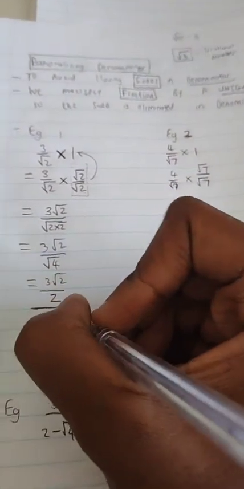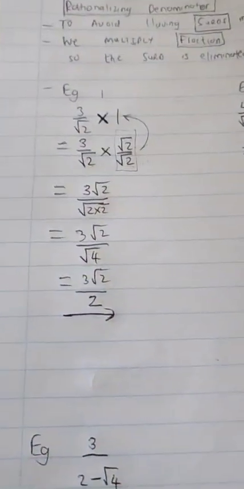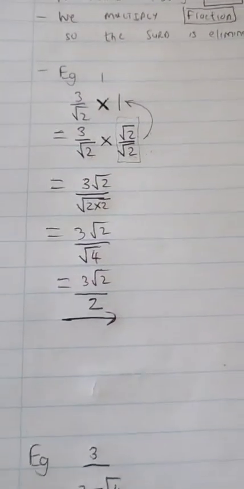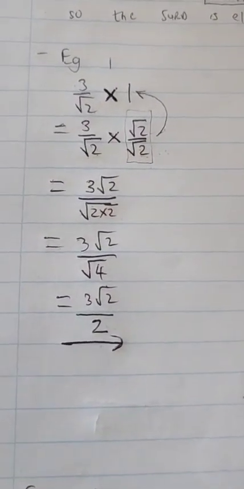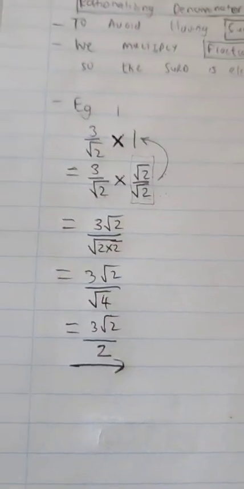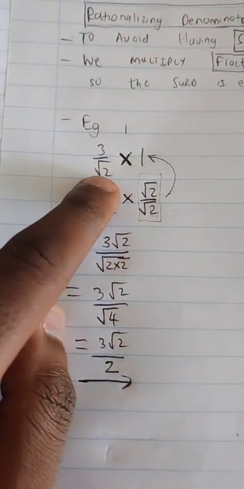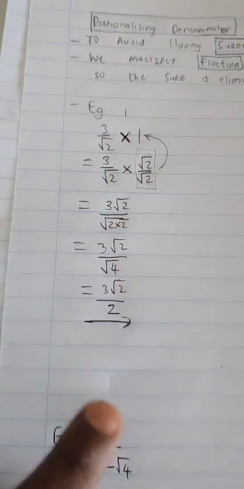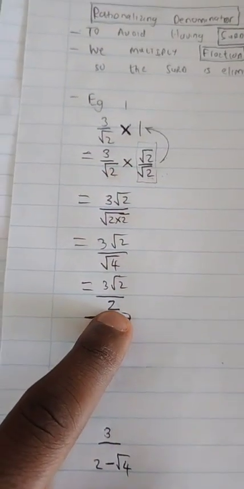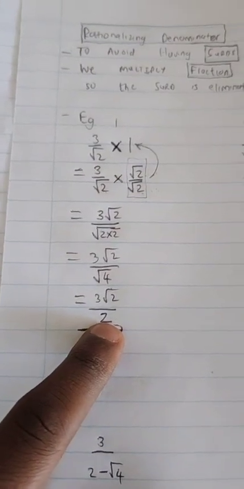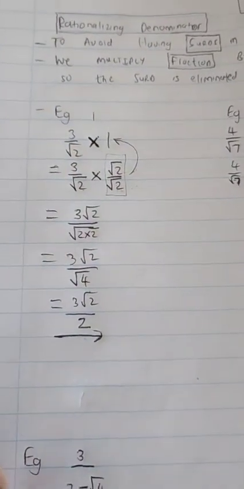No. So this is our final answer. We have just rationalized the denominator. In other words, we changed an irrational number, a surd, to a rational number. How? By rationalizing the denominator, by multiplying by a unique form of 1.